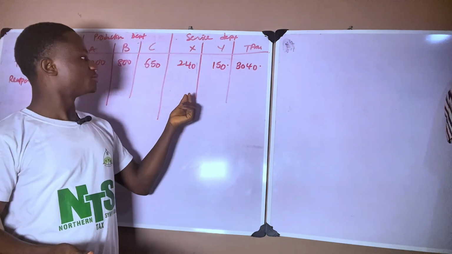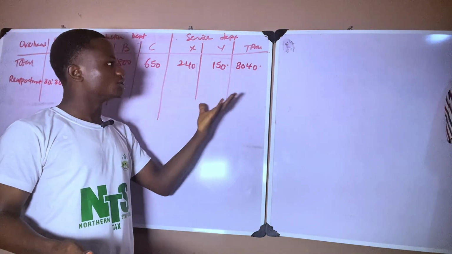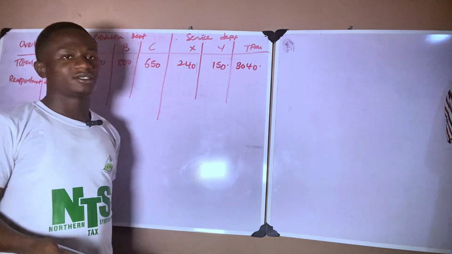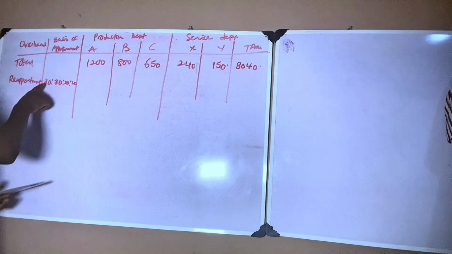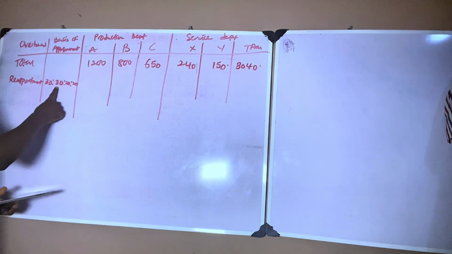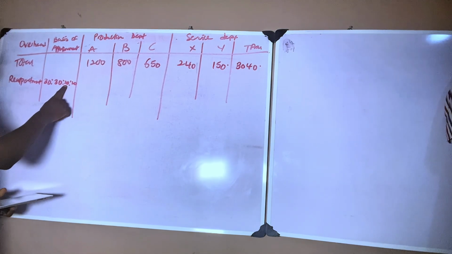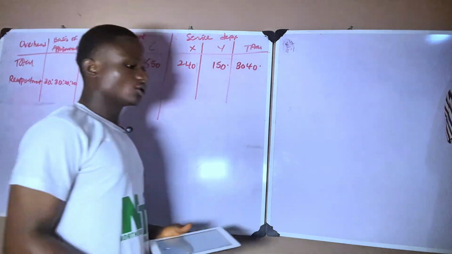You are removing from this to add to this the same amount, so the total will still be there. So 30 plus 30 is 60, plus 20 is 80, plus 20, making it 100.